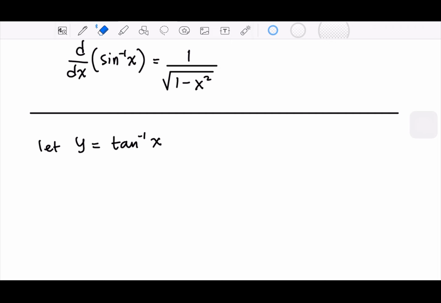We can start with taking tangent y equal x, and then differentiate.